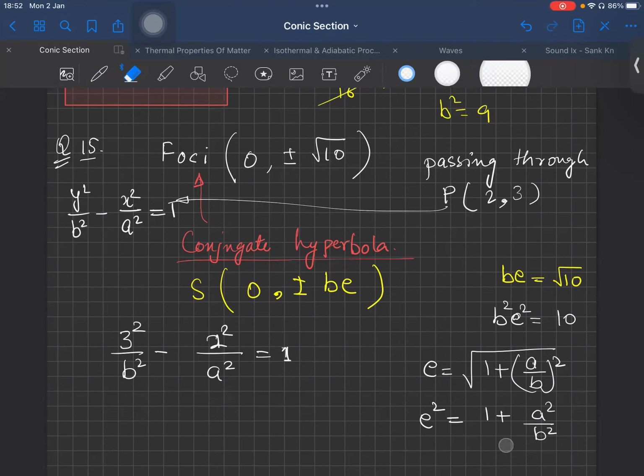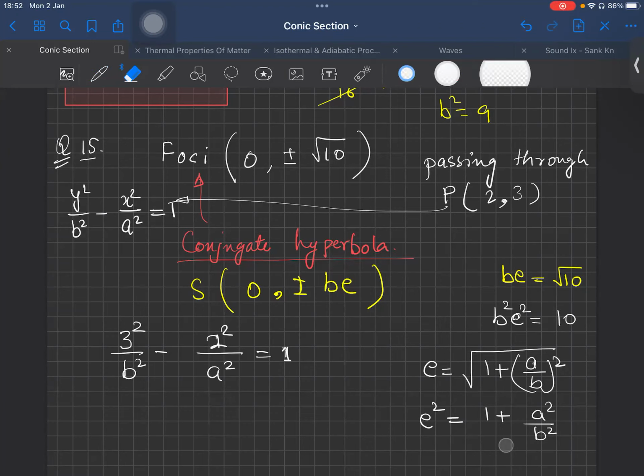So what will it become? E square into B square will be equal to B square plus A square. Now you substitute this value here. What will you get? A square plus B square is equal to 10.